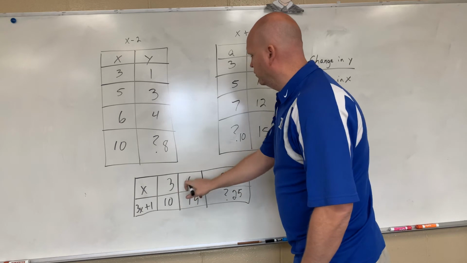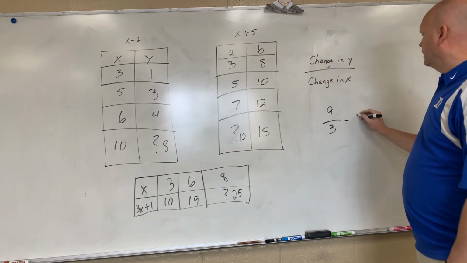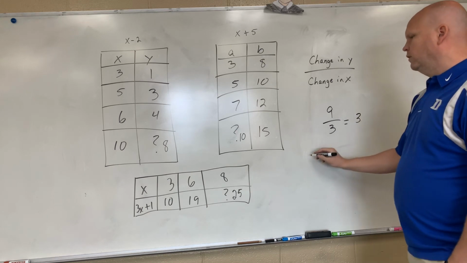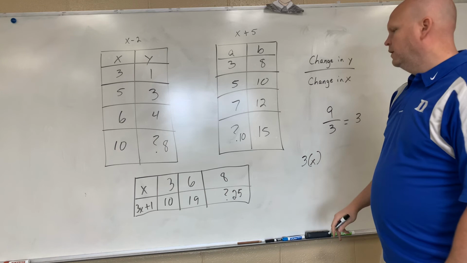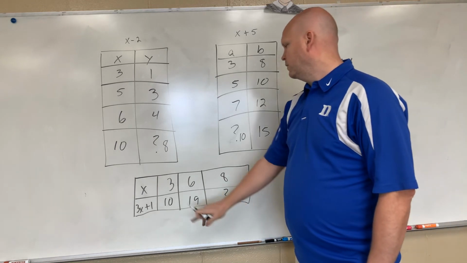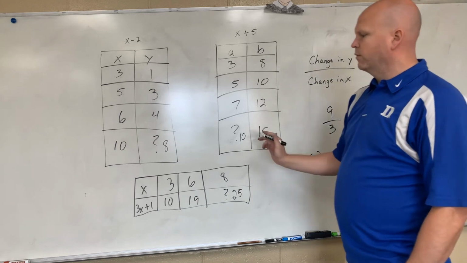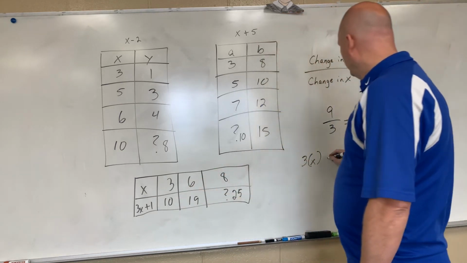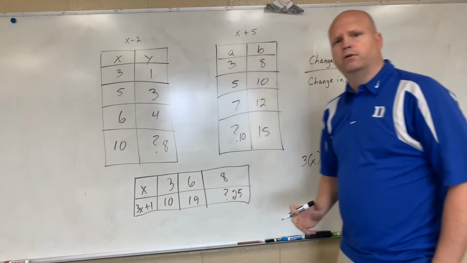Change in x between those two is 3. So when I do 9 divided by 3, I get 3. So now I know I'm doing 3 times whatever x is, and then once I do that, I do 3 times 3, which is 9, and how do I get from 9 to 10? I add 1. And there's my function rule, which is the exact same one they have here.